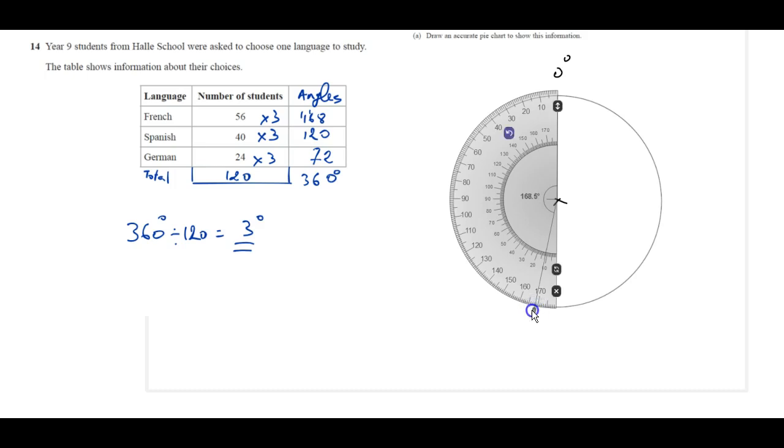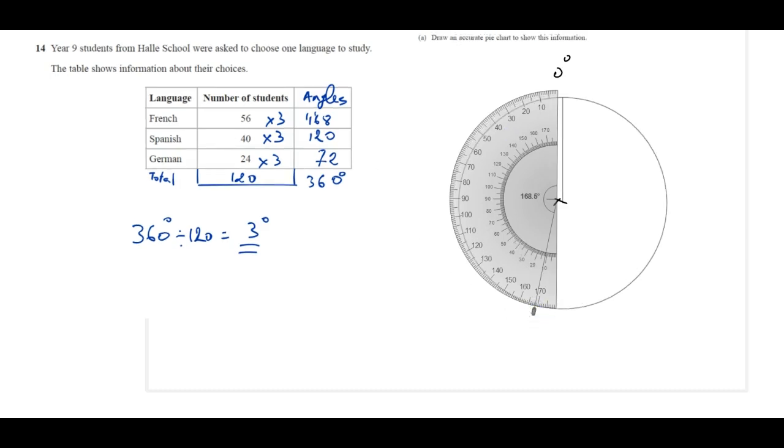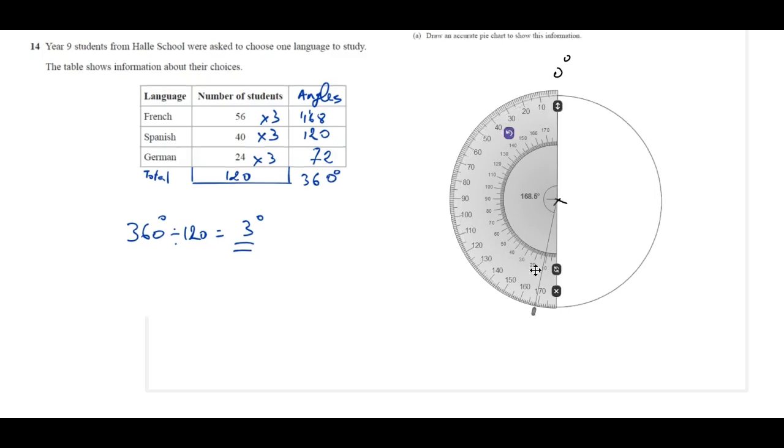That's too much. I need to go back a little bit. Fiddly to grab it. Try my best here. We want 168. It's taking me too long.